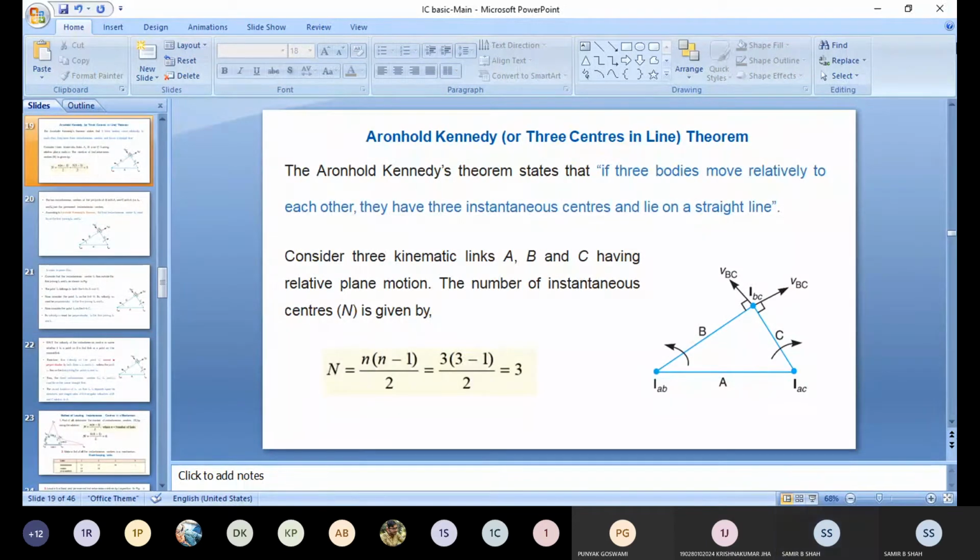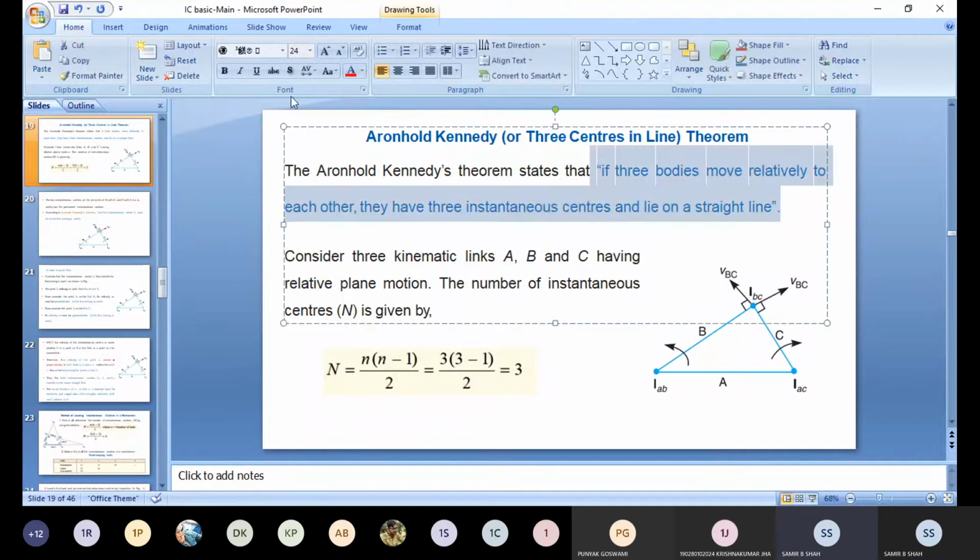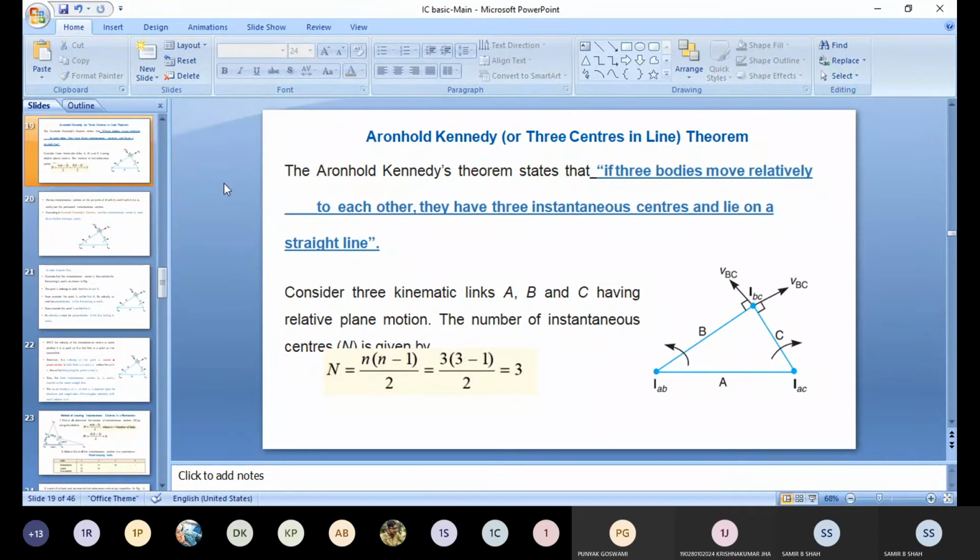As we know, the statement of Kennedy's theorem states that if three bodies, here A, B, and C, move relative to each other, then they have three IC centers and these lie on a straight line.